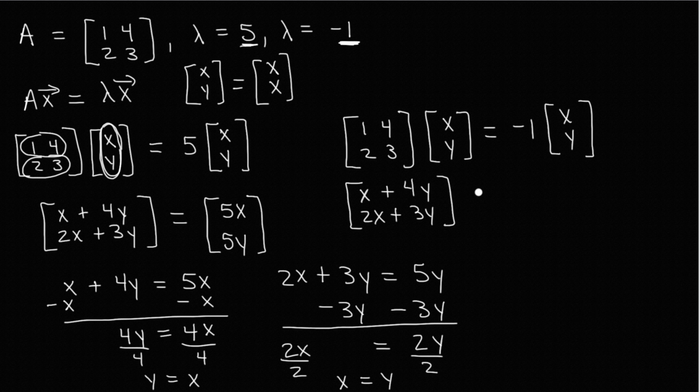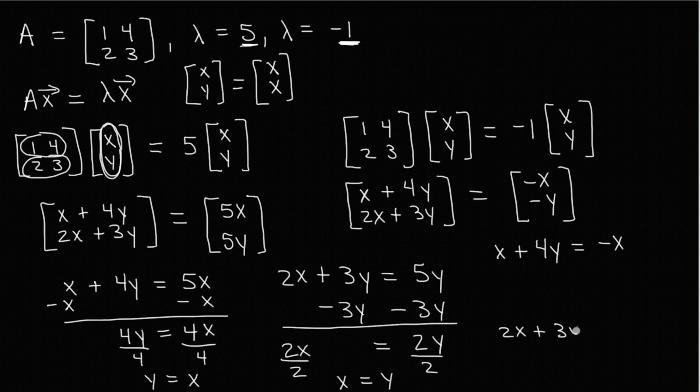So that doesn't change. But over here, since you're multiplying everything by -1, you'll get -x and -y. So now we can write out our two equations, right? x plus 4y equals -x. And I'll go down below here and we'll do 2x plus 3y equals -y.